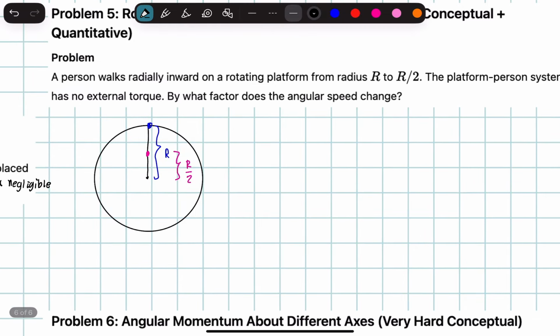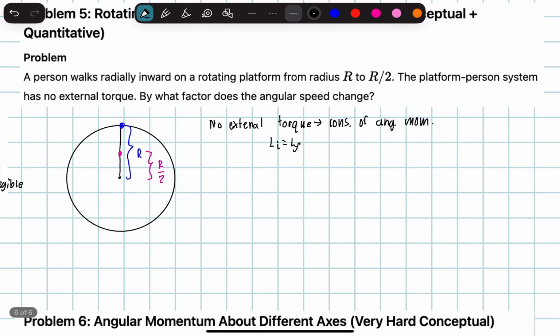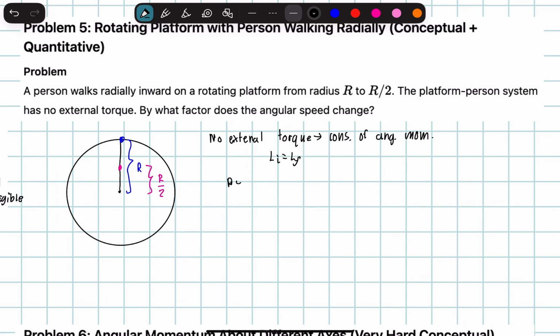So for the conservation condition, we have no external torque, therefore we have conservation of angular momentum. We have Li equal to Lf. So to model this, we can treat the person as contributing I equals mr squared to the total inertia.